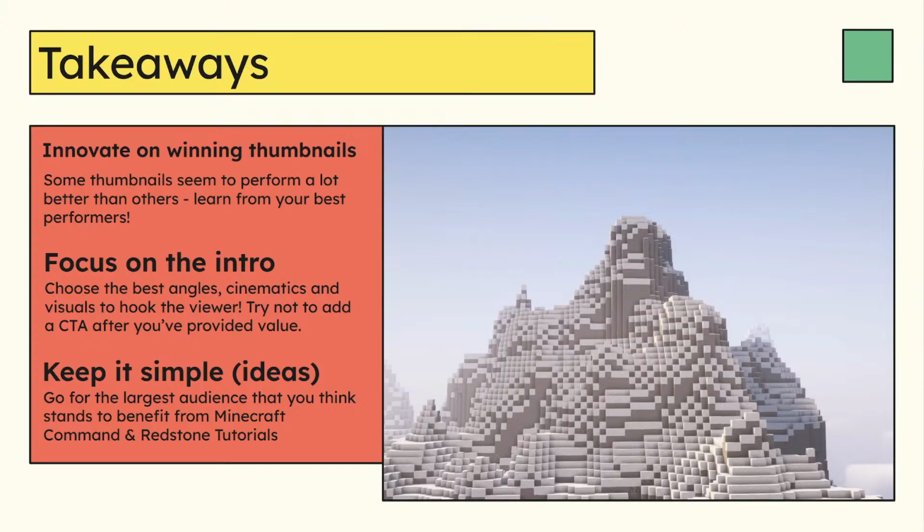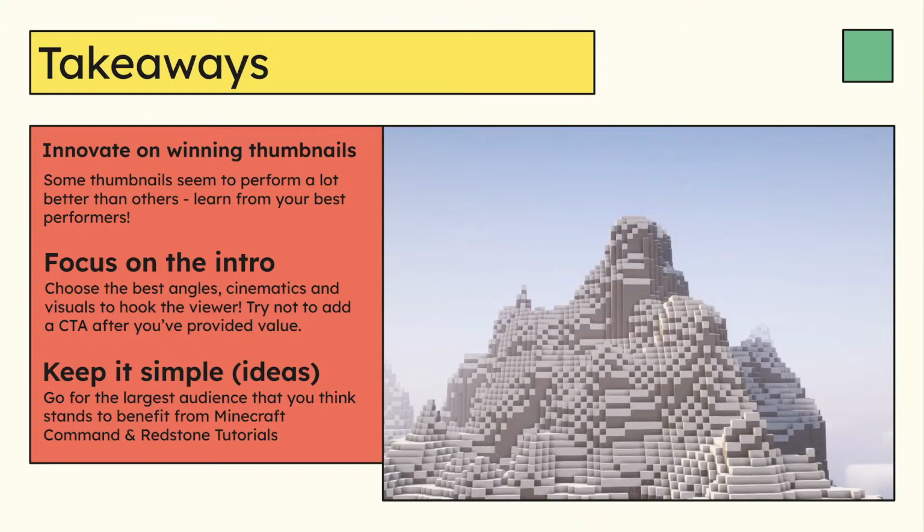So when it comes to takeaways for your channel, I see innovate on winning thumbnails. Now, some of the thumbnails seem to perform a lot better, as you can see, than others. So learn from the best performers and continue to reiterate on them. And then when it comes to focus on the introduction, well, choose the best angles, the best cinematics, and the best visuals to hook the viewer.